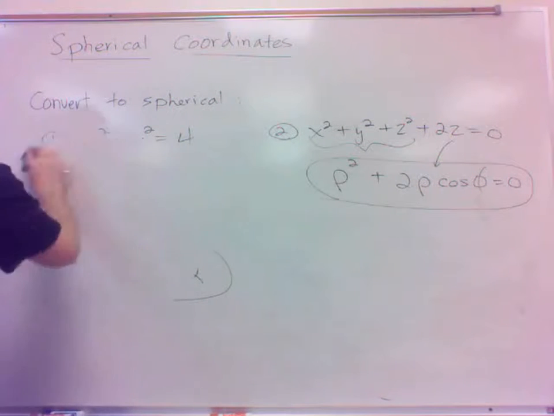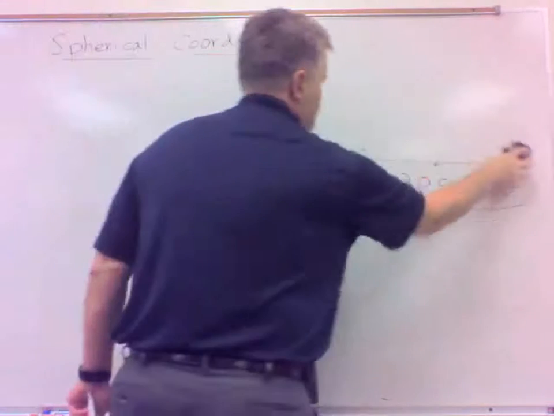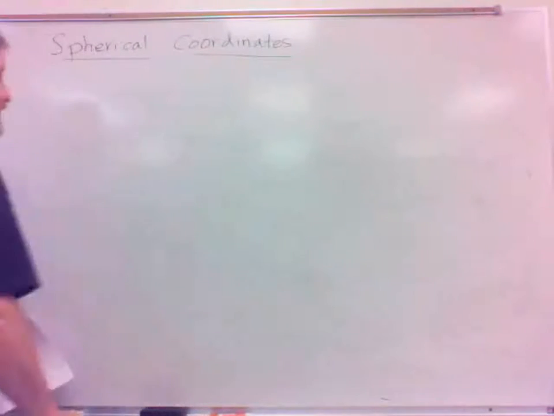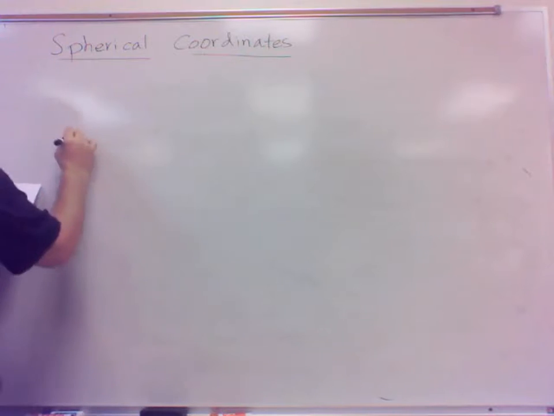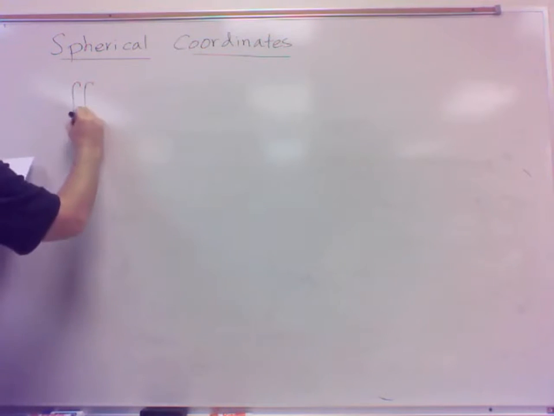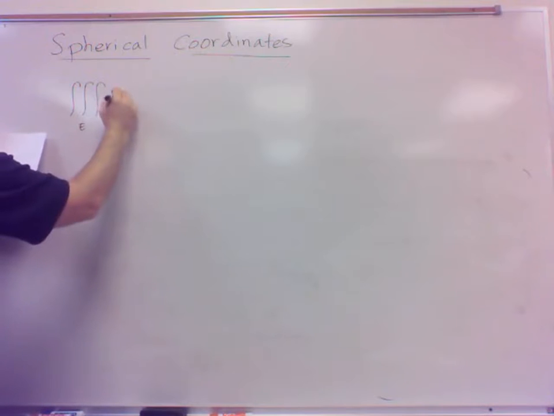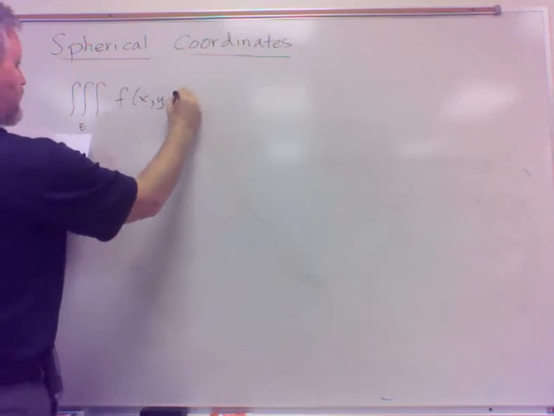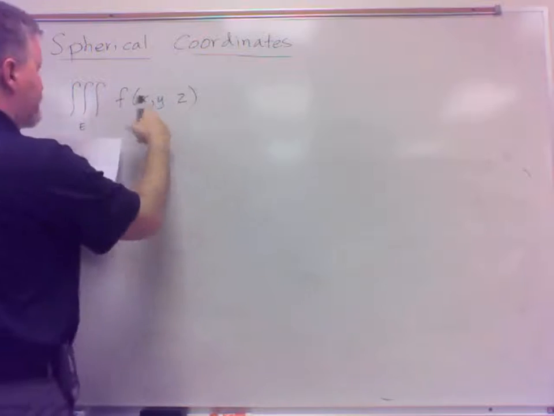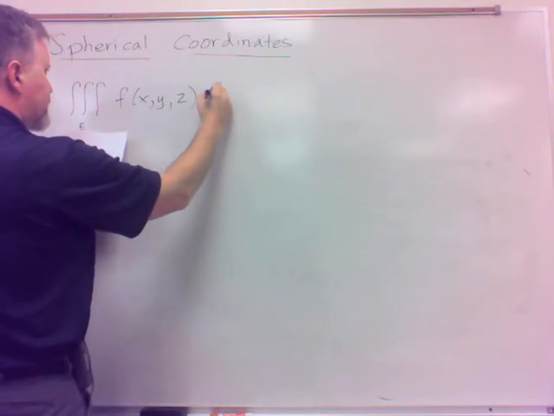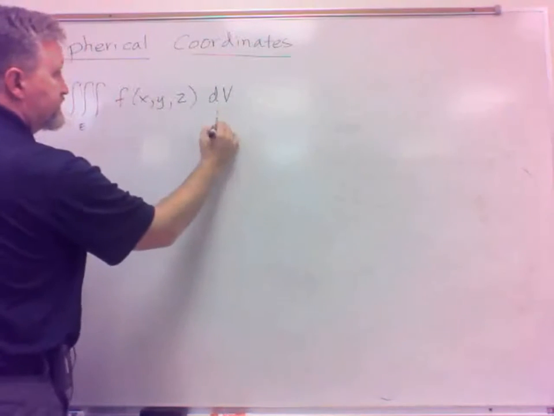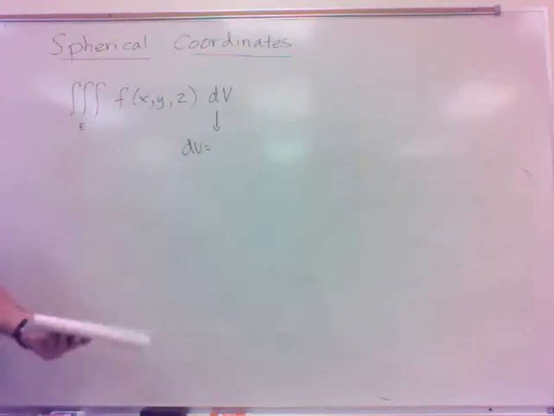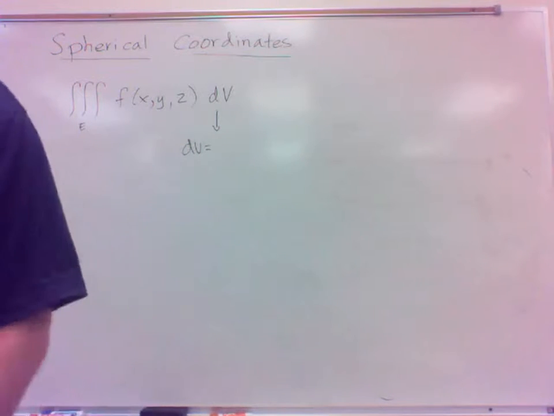Let's talk about integrating with spherical coordinates. It turns out if we're integrating over region E the function f of x, y, z, dV, in cylindrical coordinates, dV is r dr d theta.